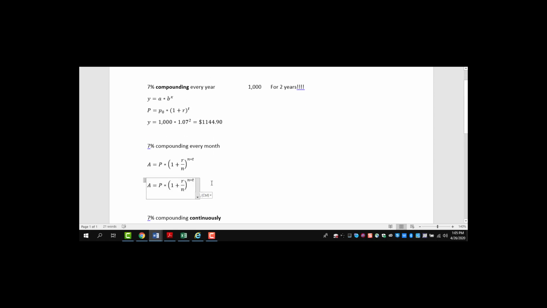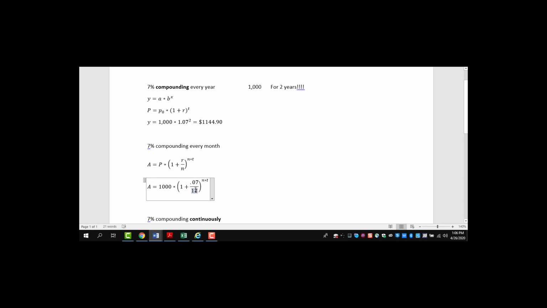So this is, again, my $1,000. That's my initial value. 1 plus the rate, in this case, is 0.07. But I'm not going to get 7% every month. This is how many periods in a year. I'm going to get 12 periods in a year.